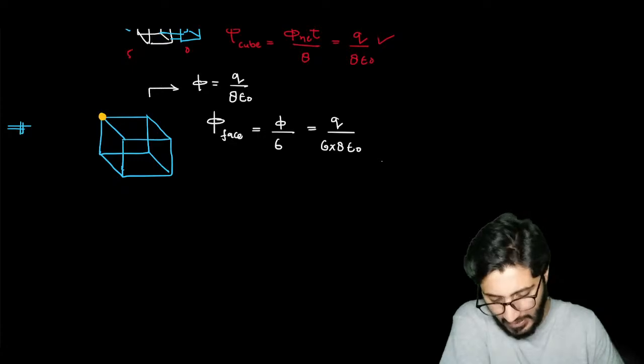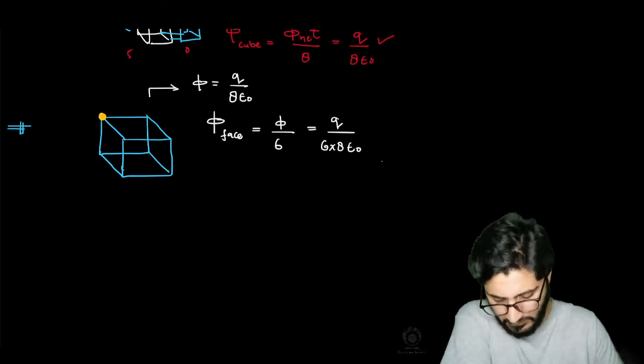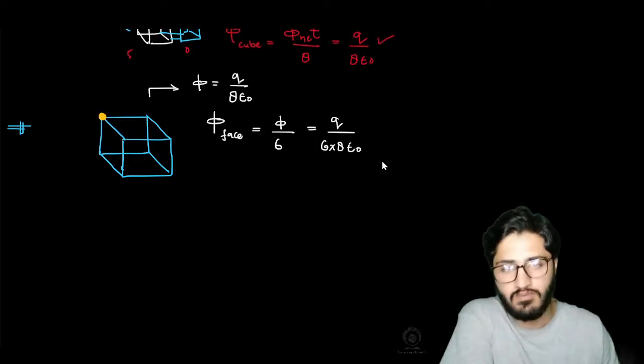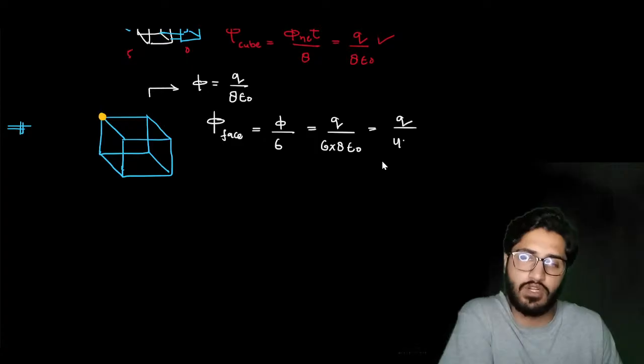You can write it like this. So my answer would be, sir, q by 48 epsilon naught, but it is wrong.